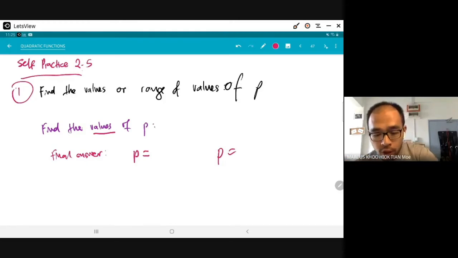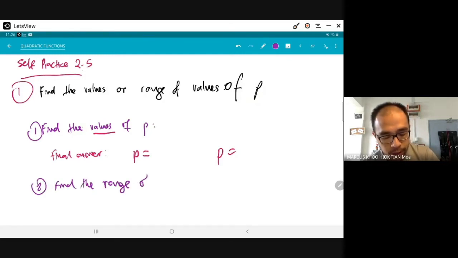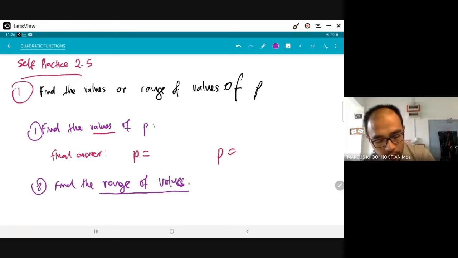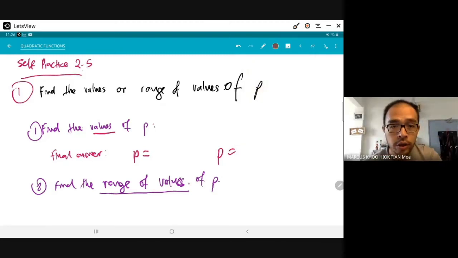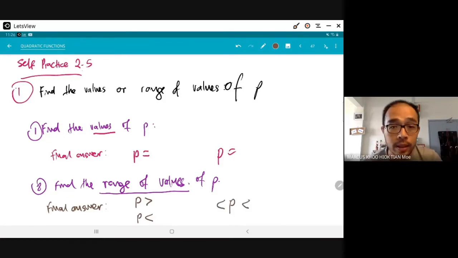But if the question says find the range of values, this one's slightly different. Find the range of values of P. Then you get a different kind of answer. Your final answer can either be P is more, P is less, or P is in between.